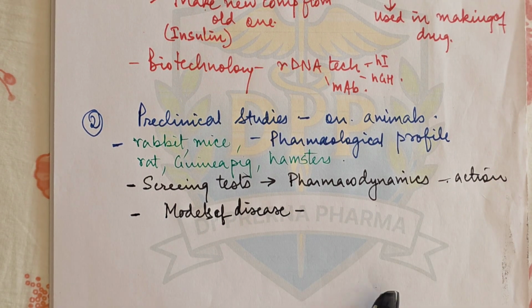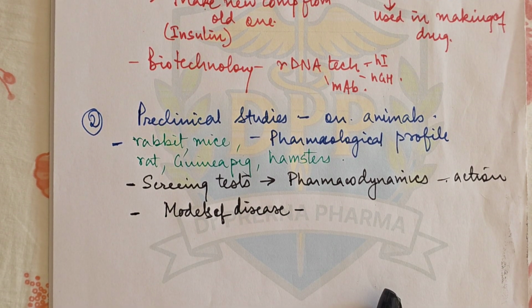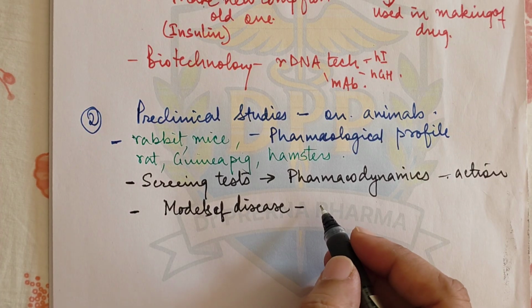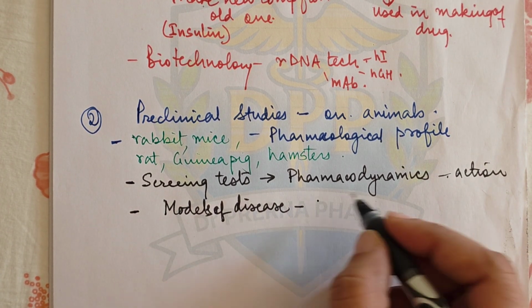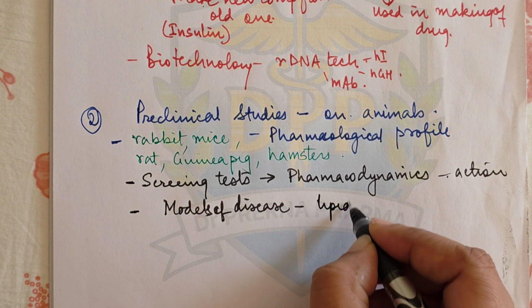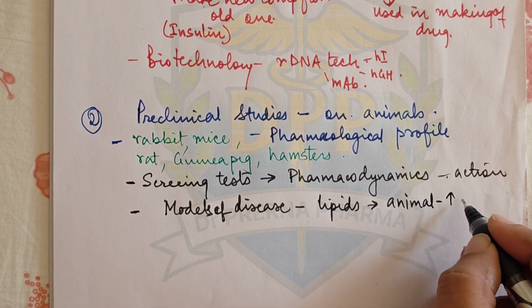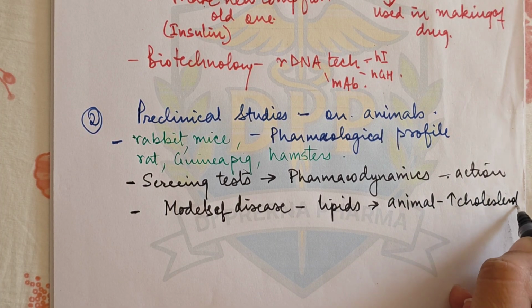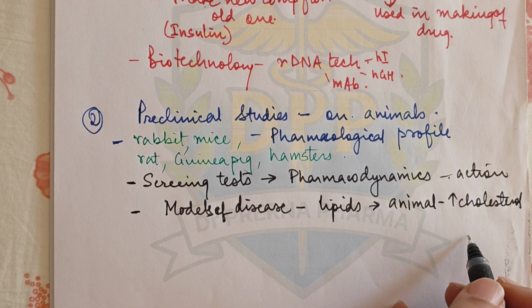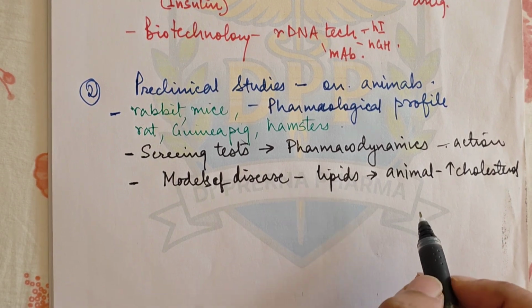For example, suppose we want to test a drug on lipids. Then we increase the cholesterol by giving a fat diet to the animal and make it dyslipidemic, and then we test the drug on these animals.